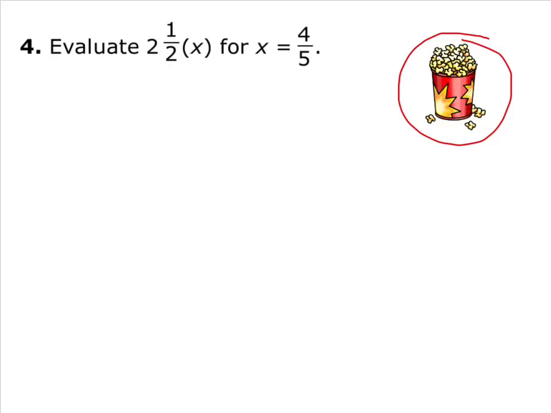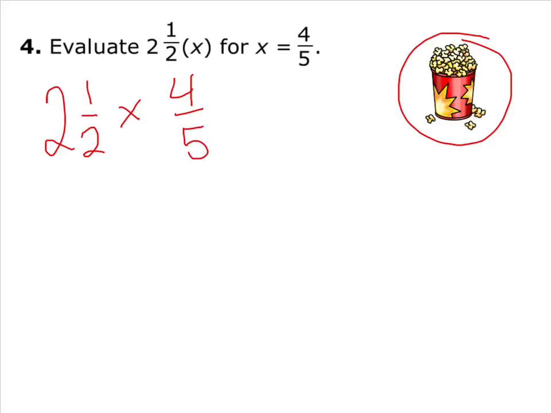First thing I'm going to do is substitute my values into my variable here. I have 2.5 times 4/5.